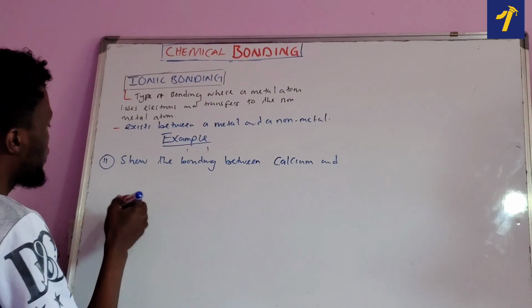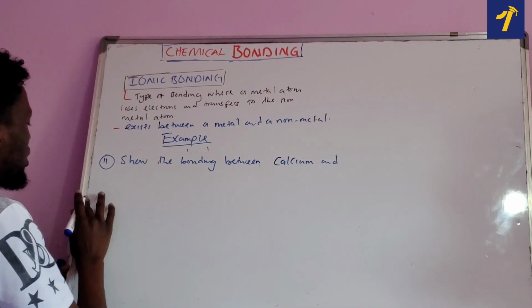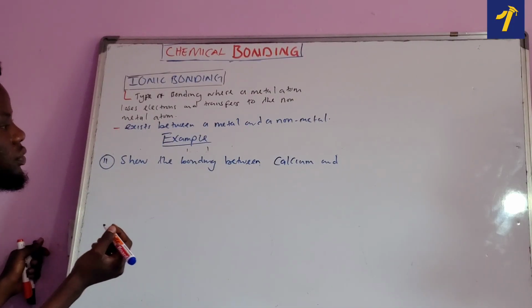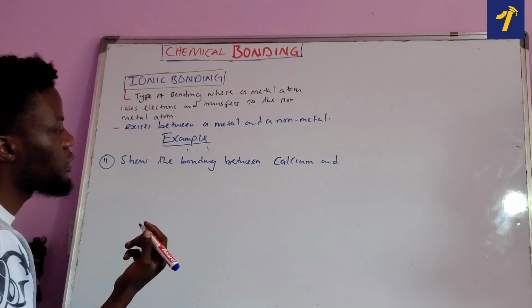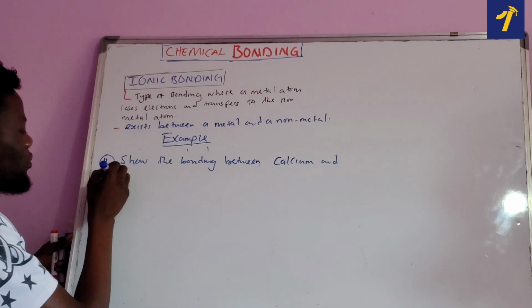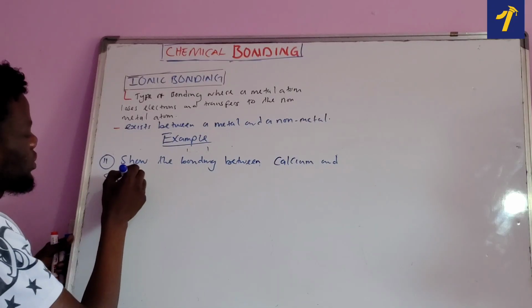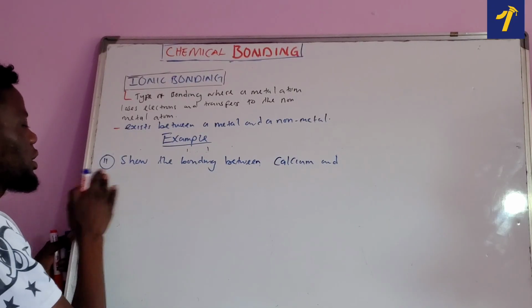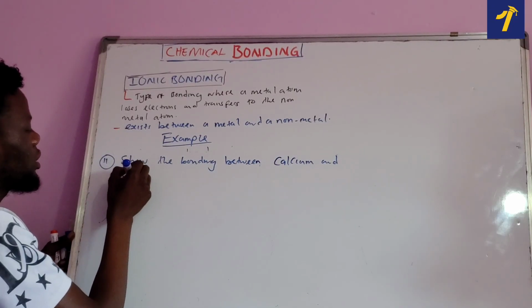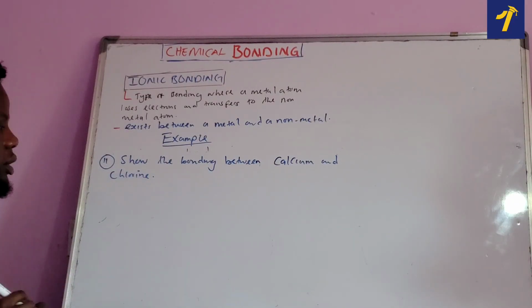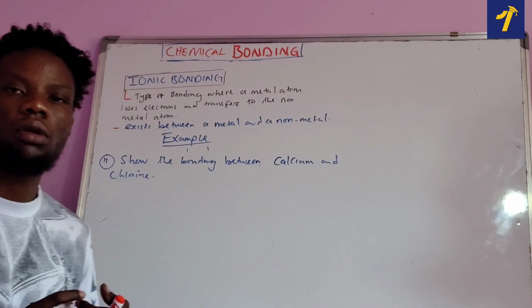Okay, let us just use calcium and let us use another one apart from chlorine. Let us use maybe sulfur. Or let us just use chlorine, the famous one. So, show the bonding between calcium and chlorine.